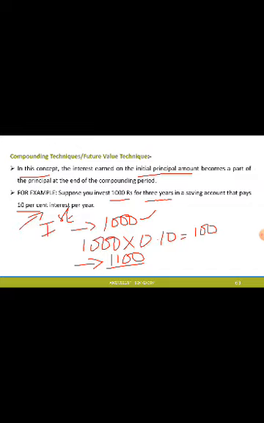Now for calculating the second year, the amount invested will be 1100, but not 1000 rupees. We add the interest to the principal amount. Earlier it was 1000 rupees, and by adding 100 rupees of interest, the amount has become 1100. This is the investment amount for the second year. Now we add 10% interest, that is 0.10, to the principal amount.